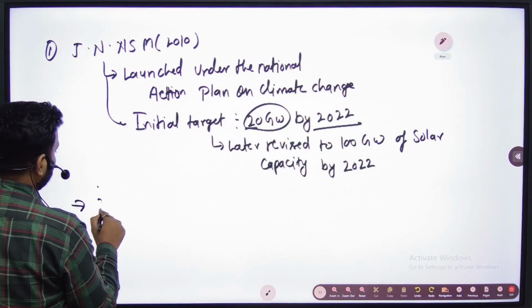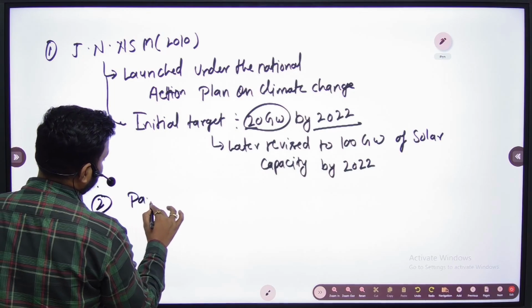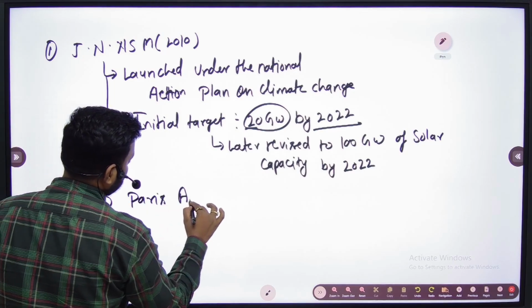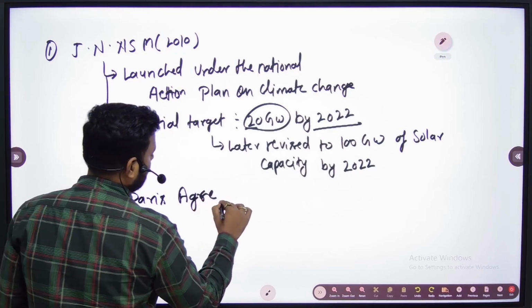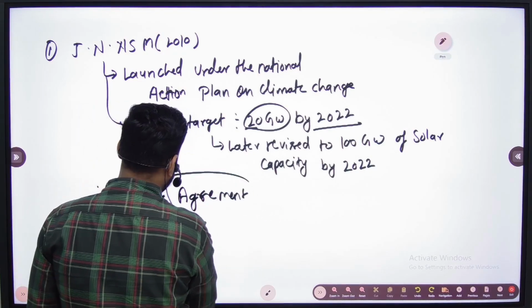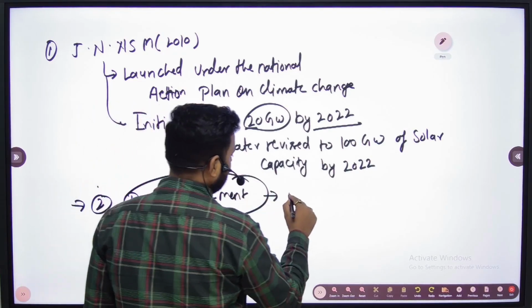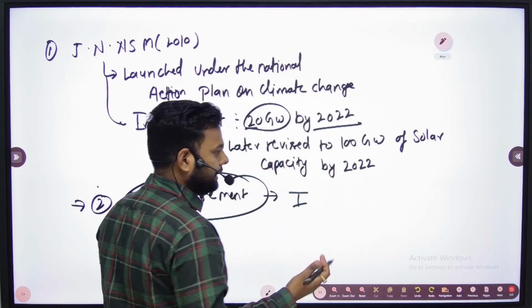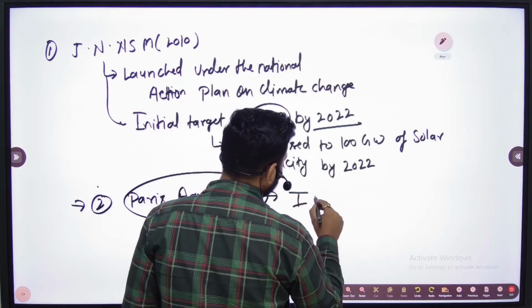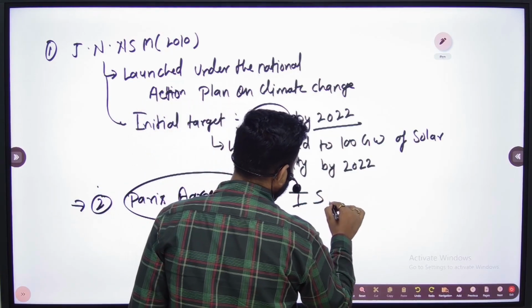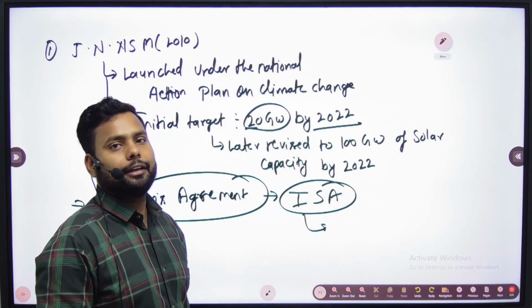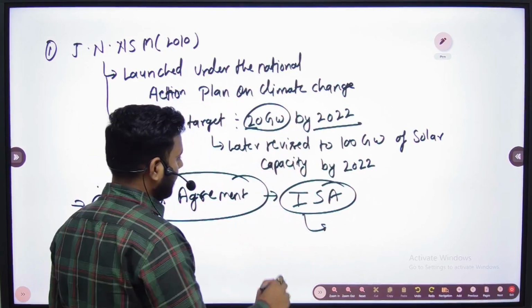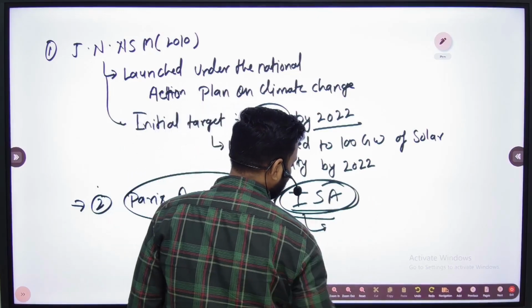You can also mention the Paris Agreement, where after the Paris Agreement, India and France, leading countries, made an institution, the International Solar Alliance, whose headquarters is in Gurugram. तो इंटरनेशनल सोलर अलायंस भी इंडिया ने बनाया.